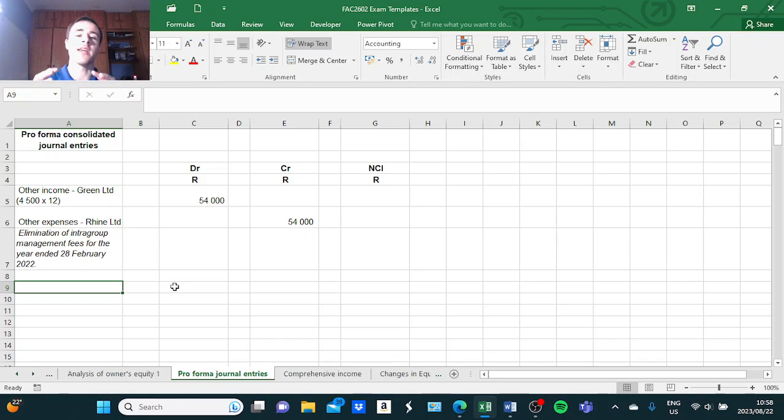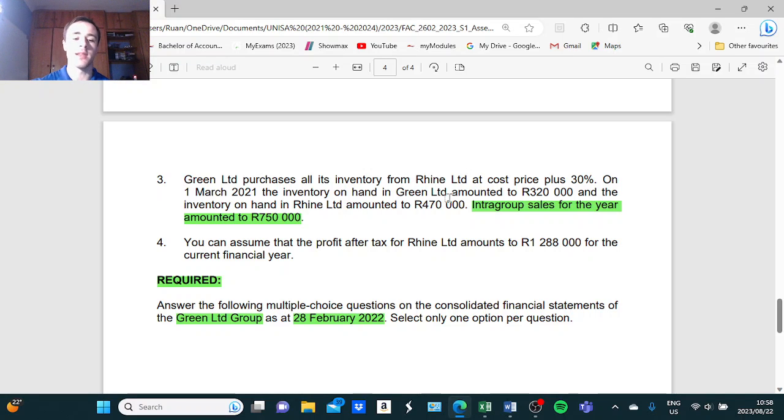So to eliminate intergroup sales that took place during the current year, we will debit sales for the company that sold the inventory intergroup, and in this case it was Rhine Limited. According to additional information point 3, Green Limited purchases all of its inventory from Rhine Limited. So Rhine Limited is the company making the sales.